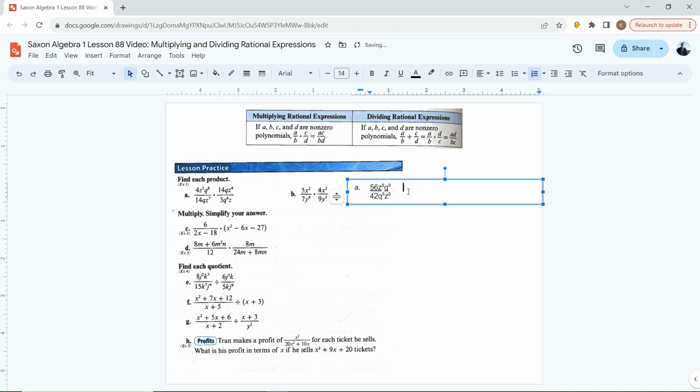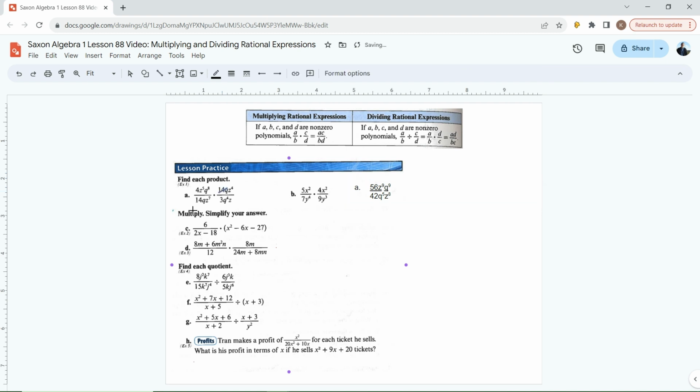Now let me think about this. 56 and 42 are both divisible by 14. One thing I could have done to really simplify this for myself is, in this original problem, because anything on the top of the fraction on either side can cancel anything in the bottom, I could have right away canceled out this 14 and this 14, because one of them's on the top in one fraction, one of them's on the bottom.